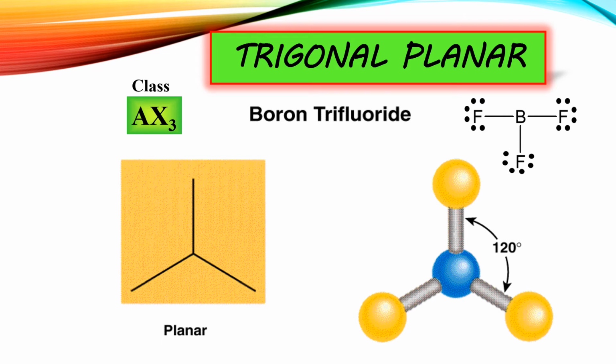All three bonding pairs are arranged so that the bond angle is 120 degrees. This is the arrangement where the three bonding pairs are as far apart as possible. The general class for trigonal planar is AX3, where A is the central atom and X is the number of bonding pairs.